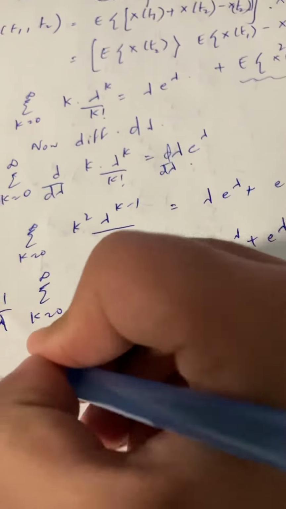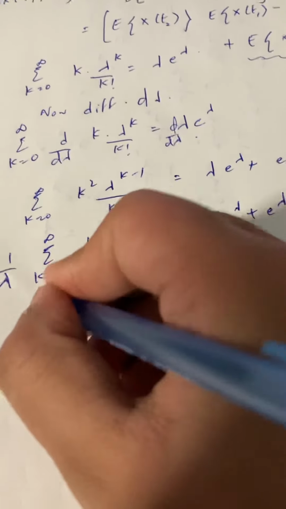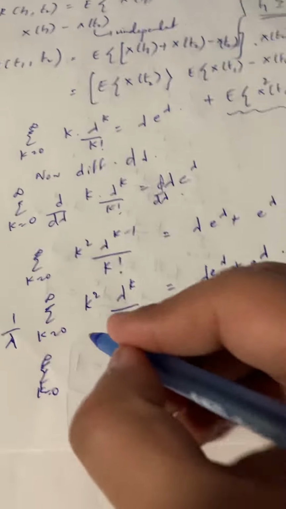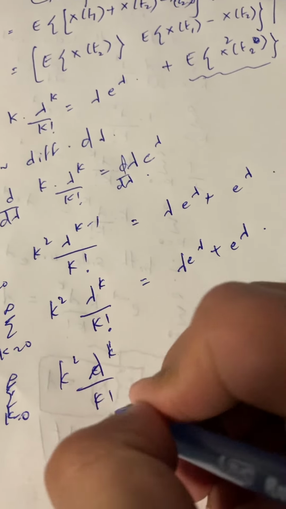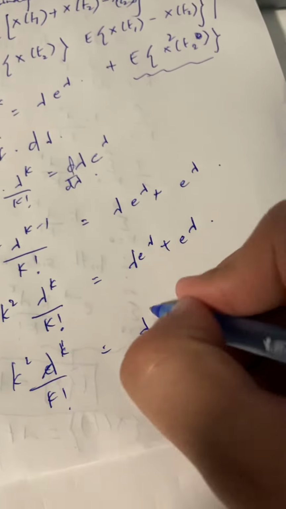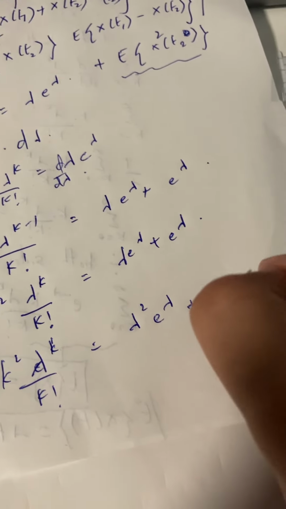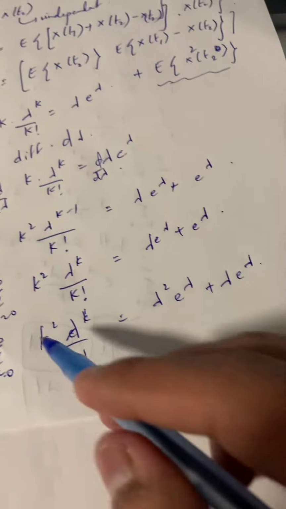So this becomes sigma k running from 0 to infinity k square lambda power k by k factorial equal to lambda square e power lambda plus lambda e power lambda.